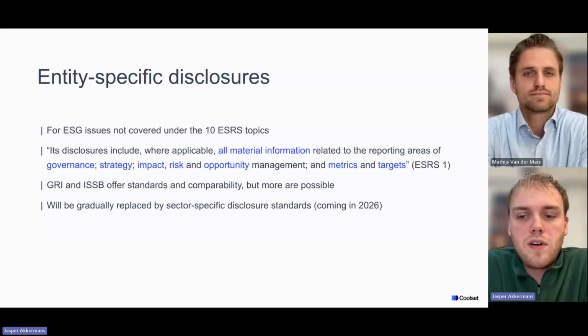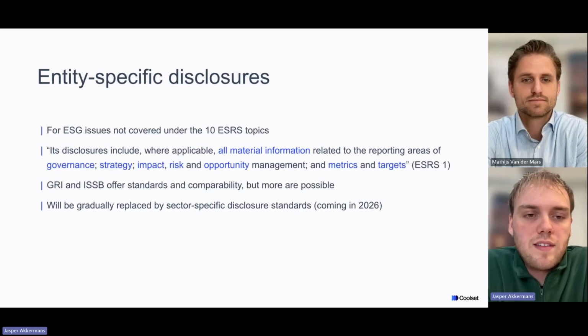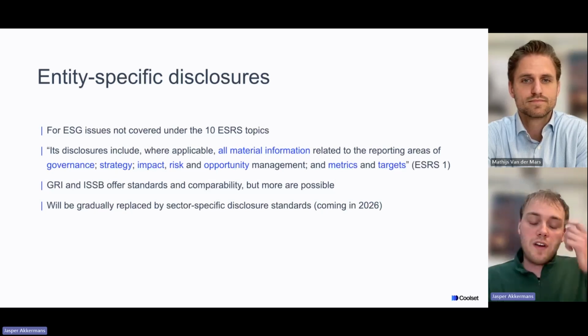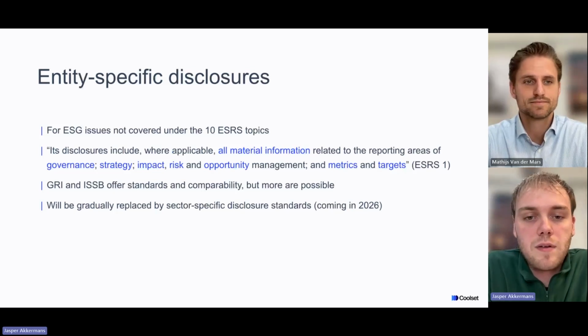Just wanted to quickly go over entity-specific disclosures with you as well, as this is also a big topic within the double materiality assessment. Basically, you have these 10 ESRS topics, these sustainability matters, and they include a wide range of topics under ESG. But there are cases where your company might have material issues which are not covered under these ESRS topics, and then you need to report on them separately.